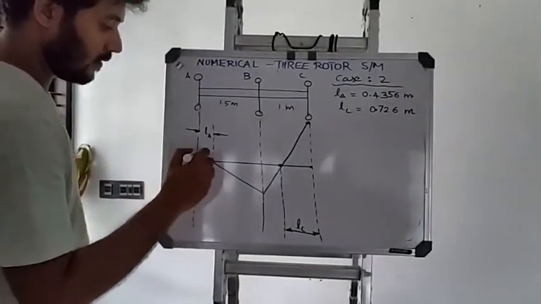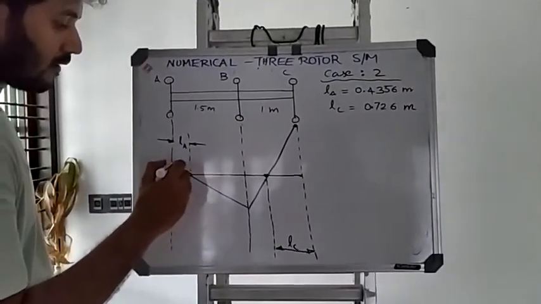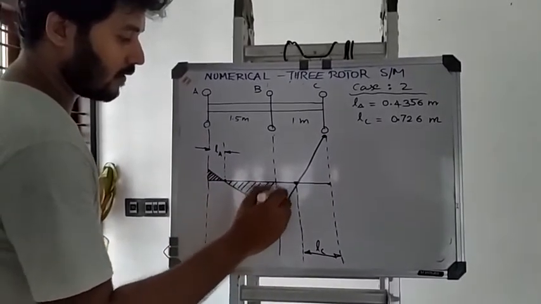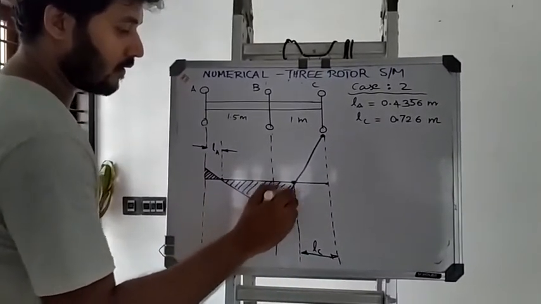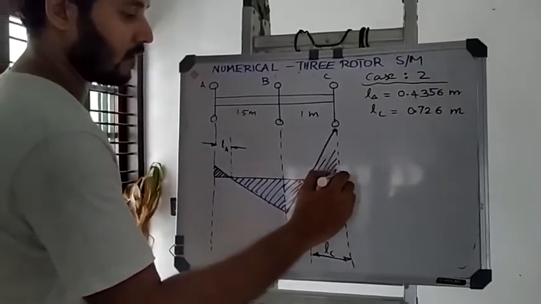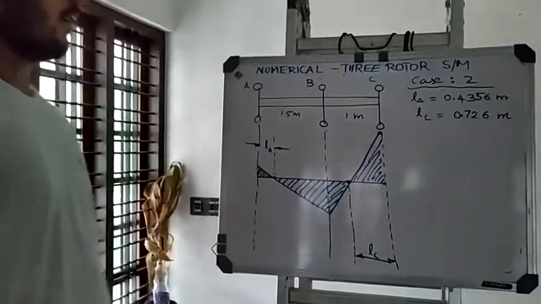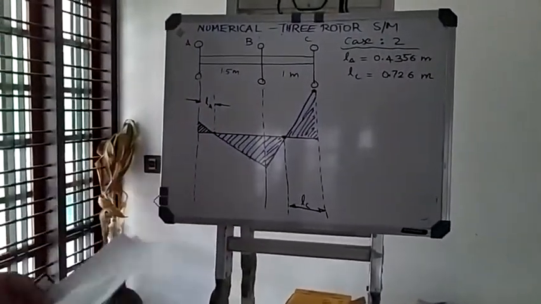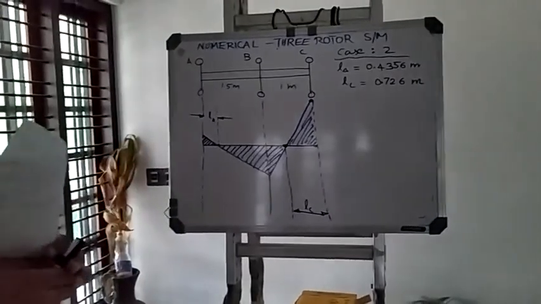So this is the nodal figure according to the two new sets of LA and LC values that we have found out.